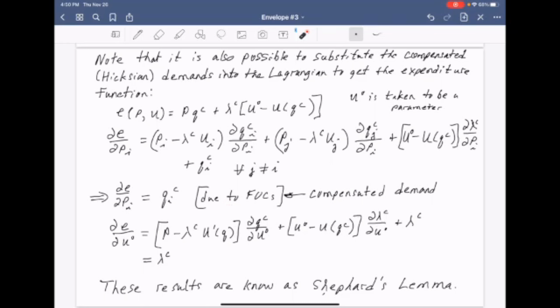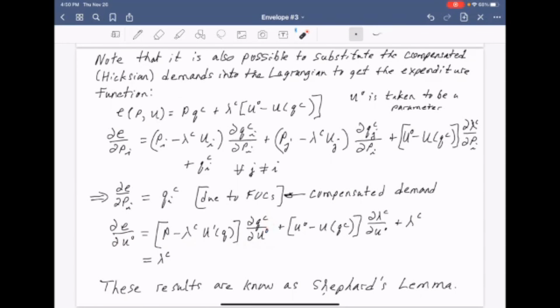If we use the expenditure function again and look at it with regard to the indifference curve, whether we're on that U0 or some higher or lower one, denoted by this small change here, we get this expression.